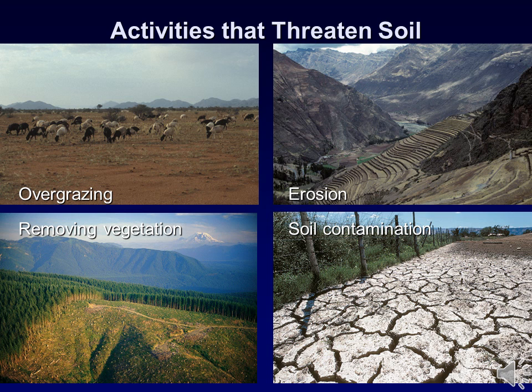And the bottom right, soil contamination is a huge threat all over the U.S. and in Mexico and really around the globe, but particularly where we have a buildup of pesticides. So what we're looking at here is a picture from Colorado where we have a salt buildup and pesticides.